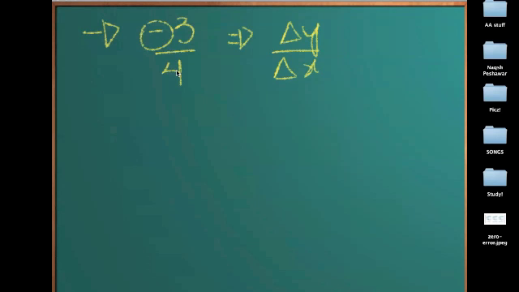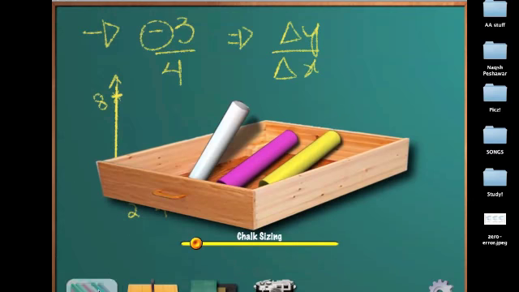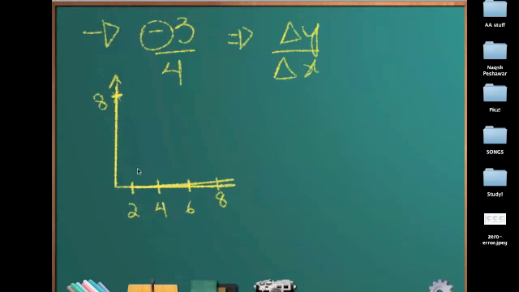For example, if I started with, let's say, this is my graph here. For example, I started with an 8. This is the 2 mark, this is the 4 mark, this is the 6, this is the 8 mark. I am starting from here. Okay? Let's see. So for every 4 in the x-axis, the graph decreases by 3.